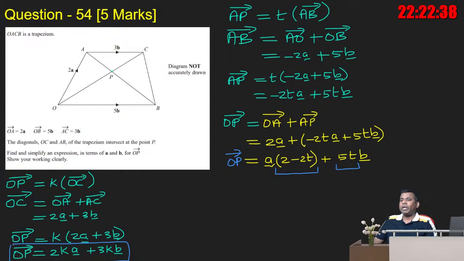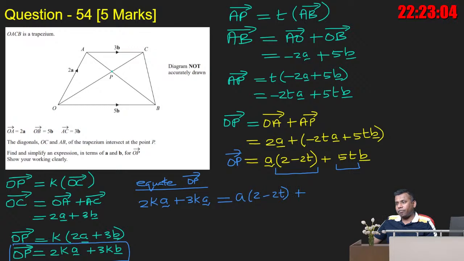Now what we are going to do is equate the OP vectors, right? So 2k A vector plus 3k vector B equals (2 minus 2t) A vector plus 5t vector B.